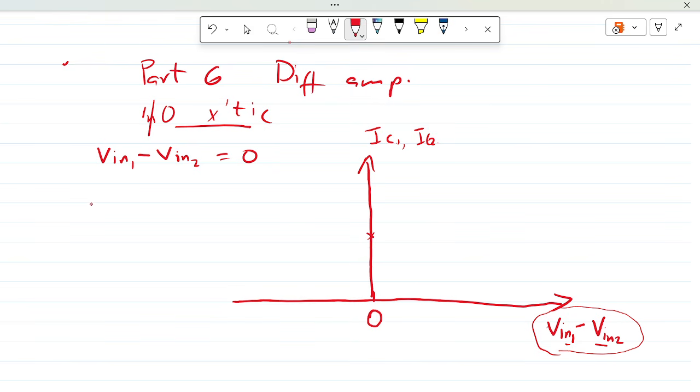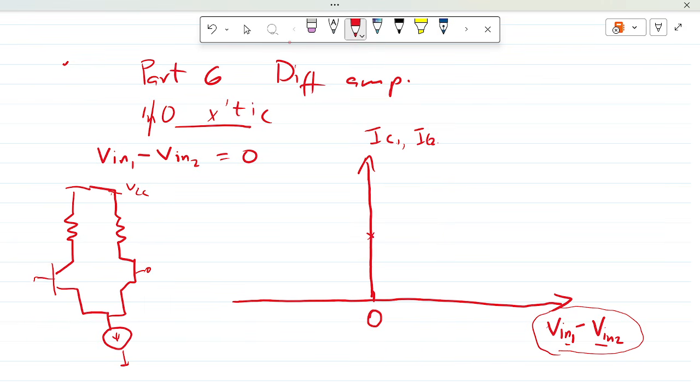If I sketch the differential pair here, of course with a tail current source, and VCC, when V in 1 and V in 2 are the same, what happens to the current?